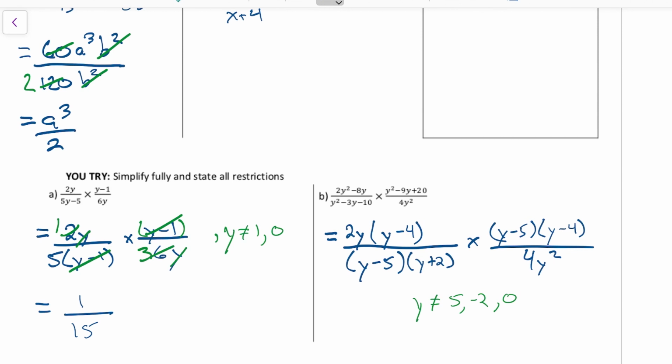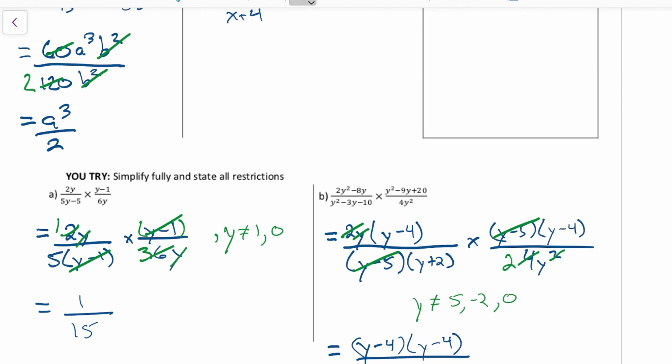Oops, then we can go into dividing what's common. So this is the nice part. Looks like the y minus 4 would cancel, but they won't because one's both in the top. But I can get rid of this y with that squared, and then 2 goes into 4 2 times. So now I think we've got everything. And if you ever miss anything here, you can always check again after you multiply the tops with the bottoms.